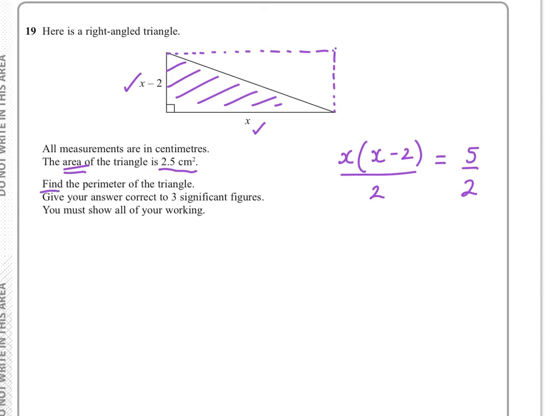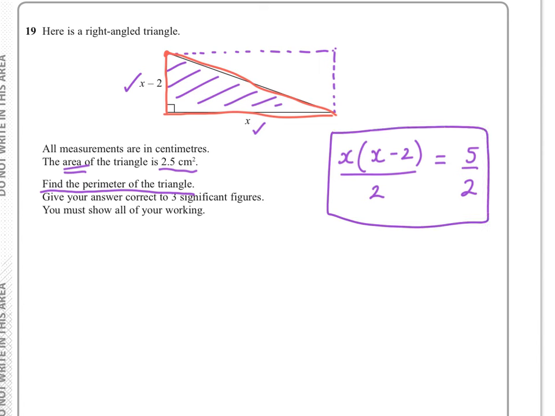Then you're asked to find the perimeter of the triangle. So the perimeter is starting from one point and then going all the way round. So a good idea to start with would be to look more closely at what I wrote here earlier. Now, if I double both sides, i.e. times both sides by 2, then I'll end up with x multiplied by x minus 2 equals 5.